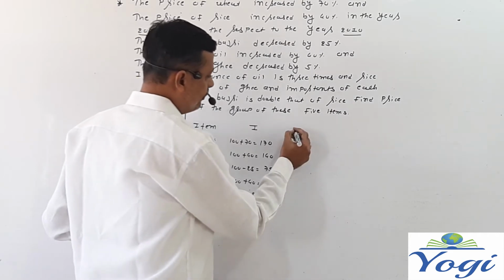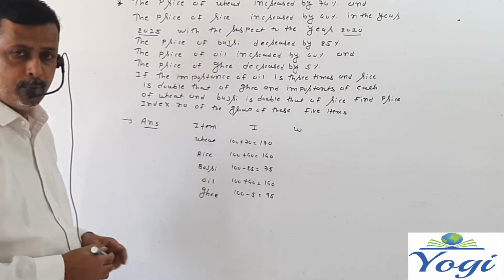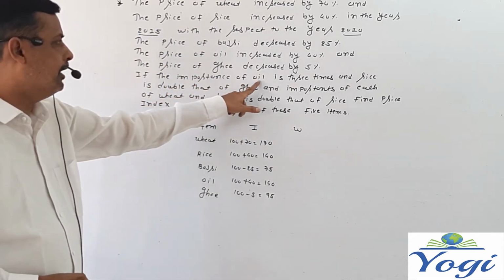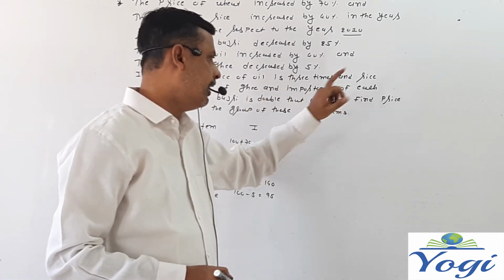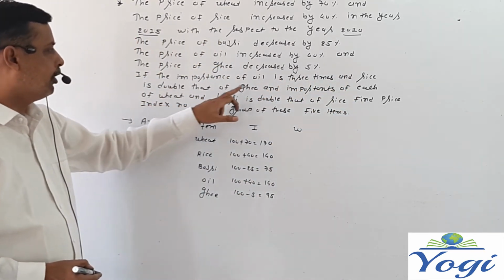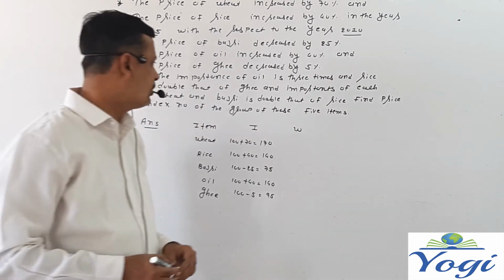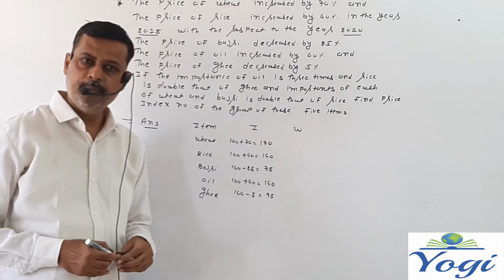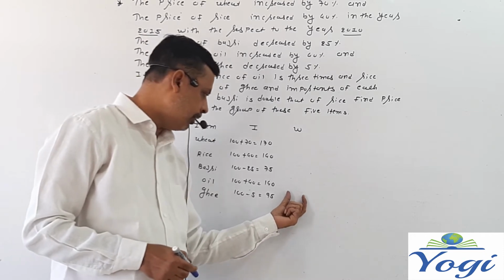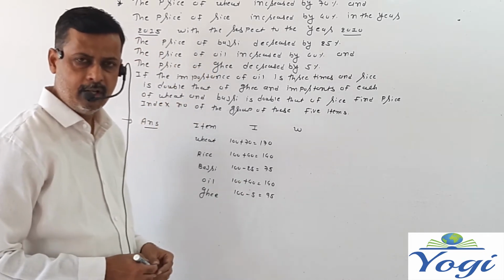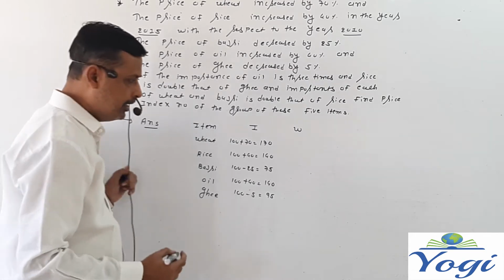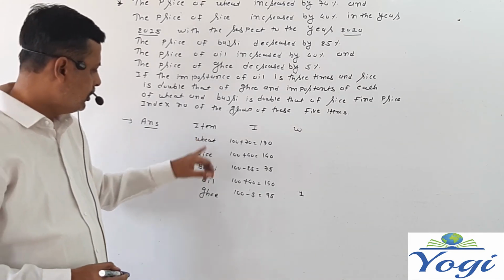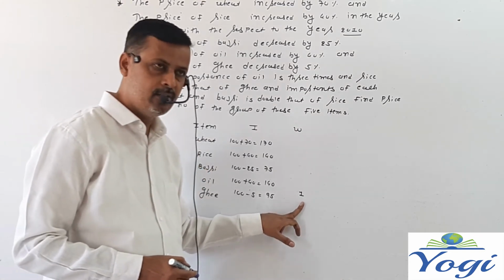Now weightage, importance. Now very important here, look. If the importance of oil is 3 times and rice is double that of ghee, so suppose here we take importance of ghee as 1.